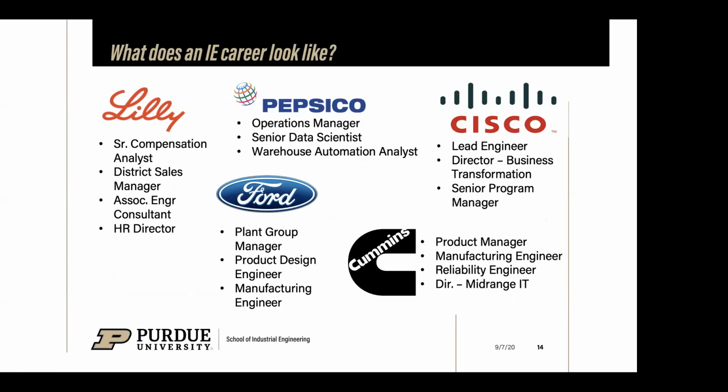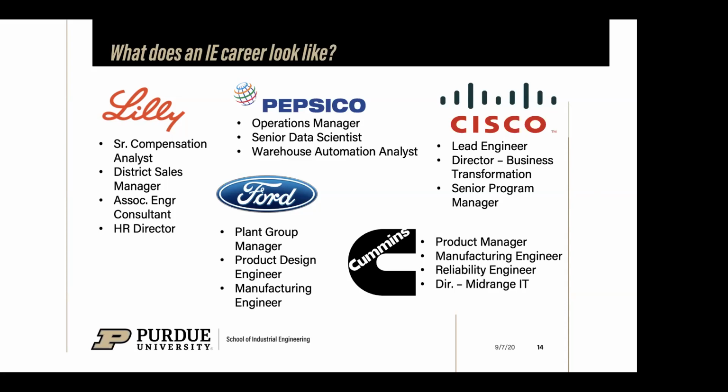You'll see everything from traditional industrial engineering roles like a manufacturing engineer, a product engineer, a product manager, reliability, but you're also going to see stuff that doesn't look a lot like a traditional engineering role, like somebody running HR at a company, or the compensation analyst, which is more of an HR and business services kind of role.